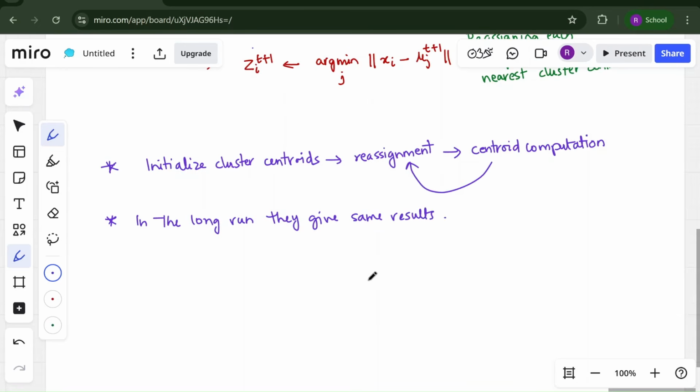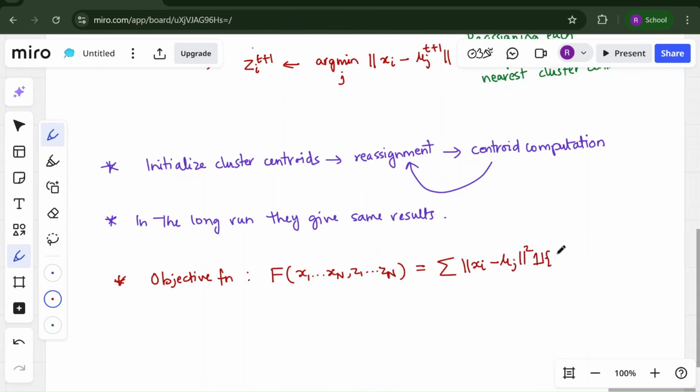All right. What is the objective function here that we are trying to minimize? The objective function is given as f of x_1 up to x_n, z_1 up to z_n. So it's a function of all the x_i's and all the z_i's. And it is equal to the summation of the distance between x_i and mu j, and you only count it if the ith data point is assigned to cluster j.